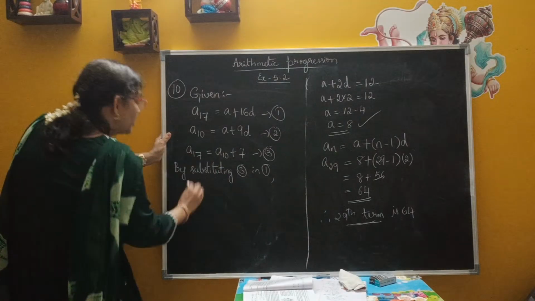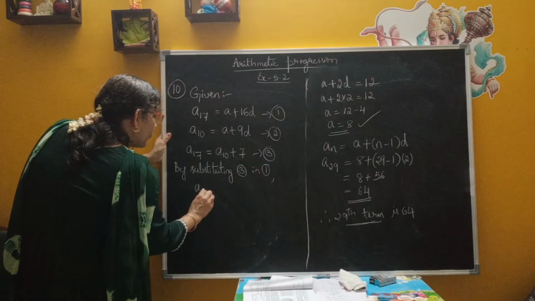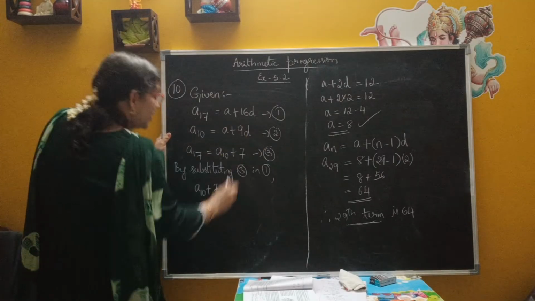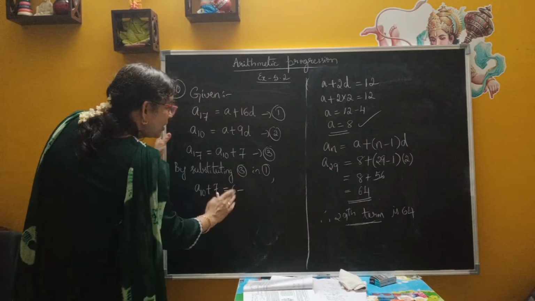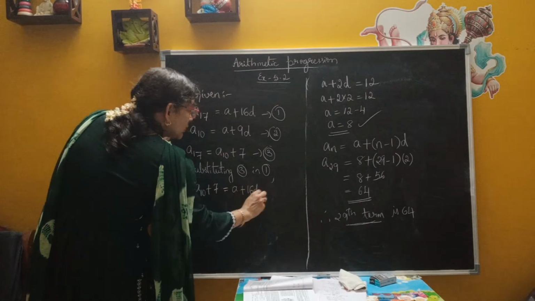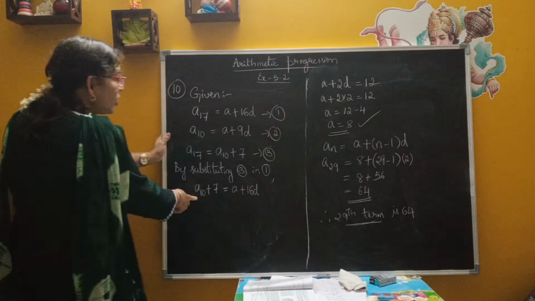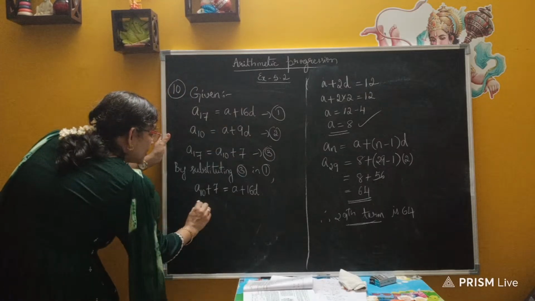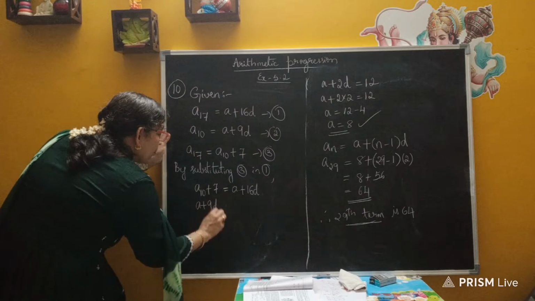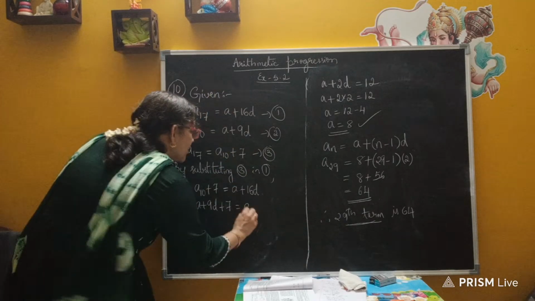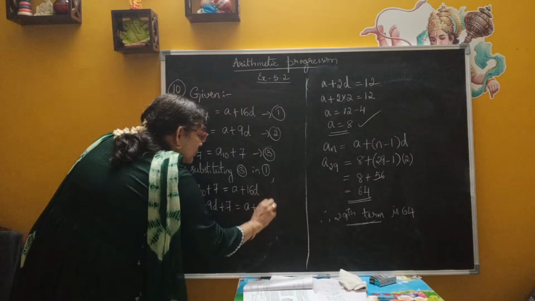So it is A10 plus 7 is equal to A plus 16D. A10 is nothing but A plus 9D. So A plus 9D plus 7 is equal to A plus 16D.